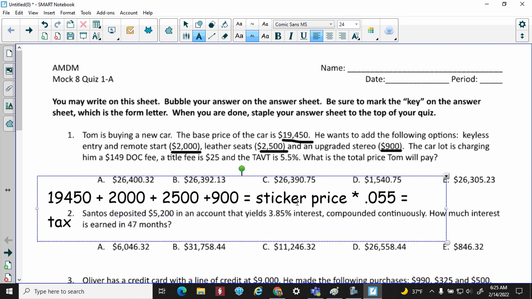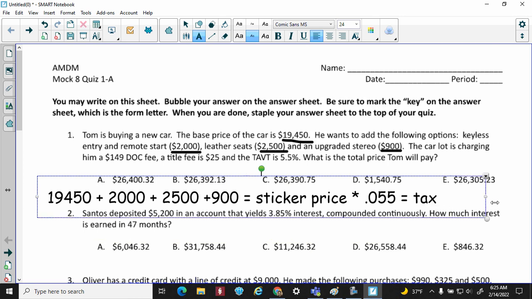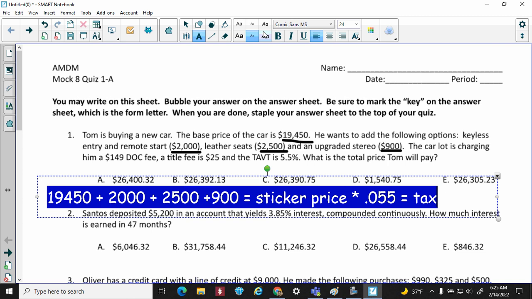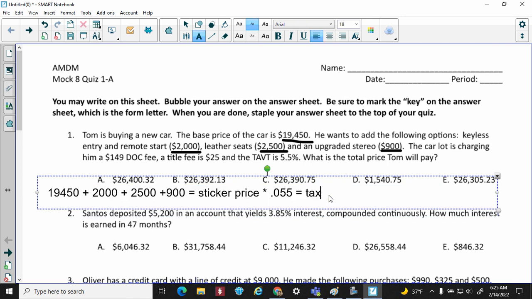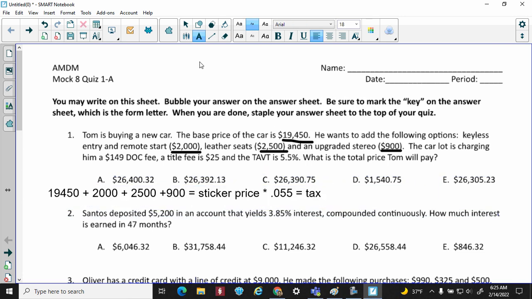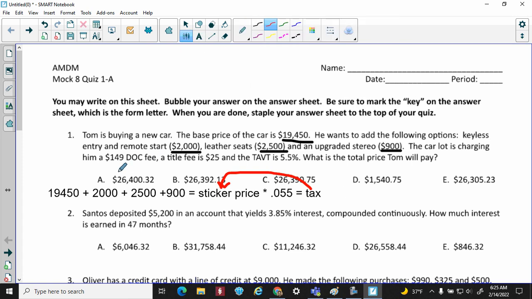Now, once you get the tax, a lot of you guys are having trouble with this. Remember to always add back your tax. So whatever your tax is, you should add it back to the sticker price. Once you do that, then you would tack on the dock fee and the title fee.